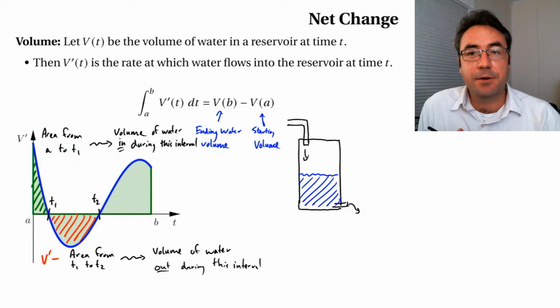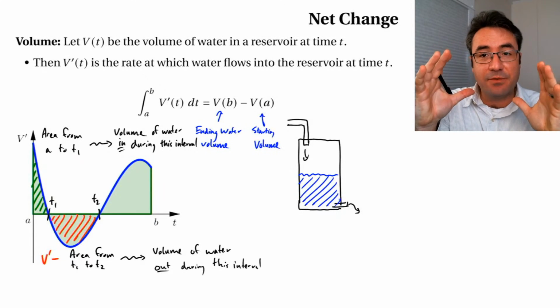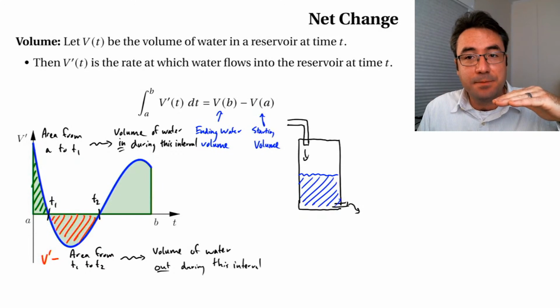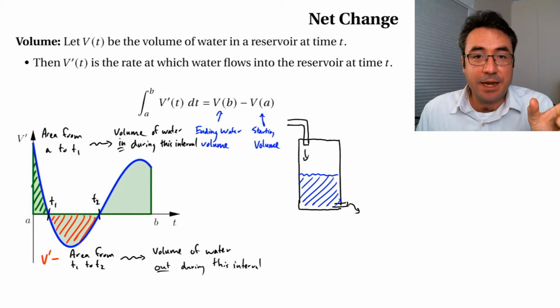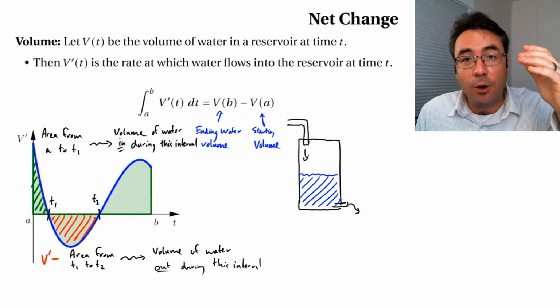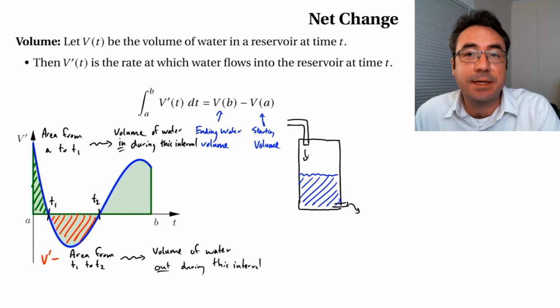So the net effect there, when our V prime function is negative, is volume is going down. And so we can interpret the area of that shaded region as how much water we lose during that time interval.